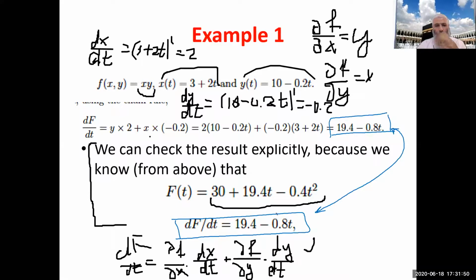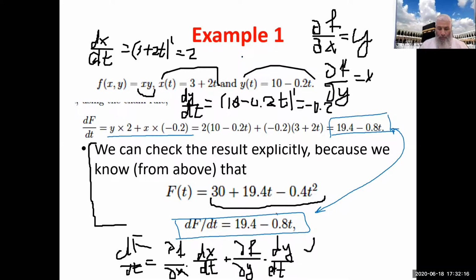Do you know what he did here? Where exactly? In this part. Where did he get this? We did it before. We just did it.